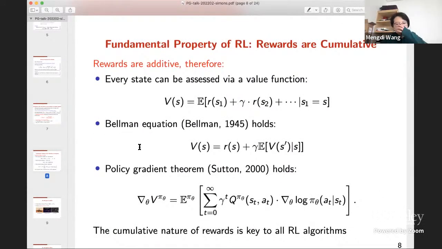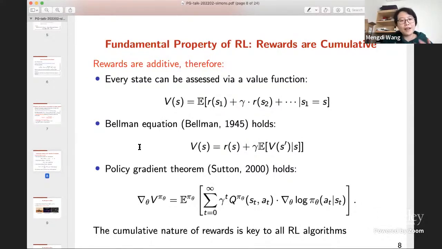Next, we aim to study a problem class which is broader than the classical Markov decision process. In a classical MDP, by definition, we're dealing with additive rewards. Our objective function is the expectation of the sum of rewards, so we take this for granted. And because we care about the sum of rewards, we can define the value function of a state, which is the expectation of the sum of rewards.